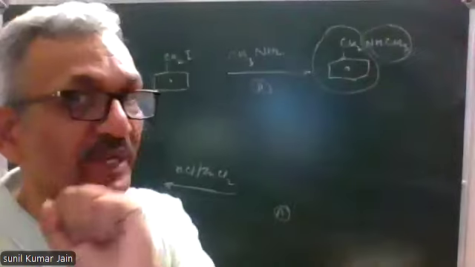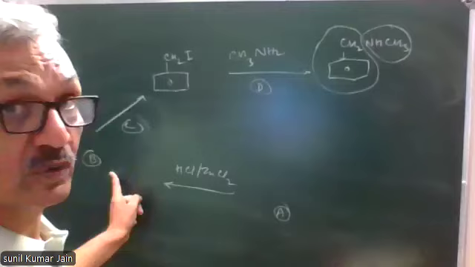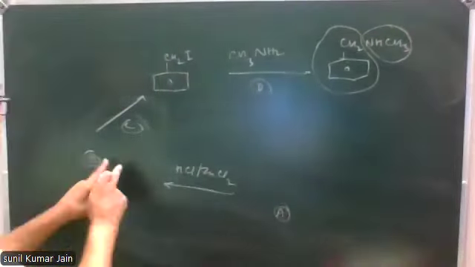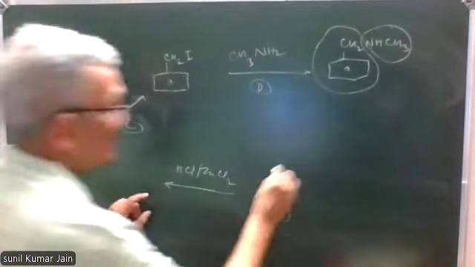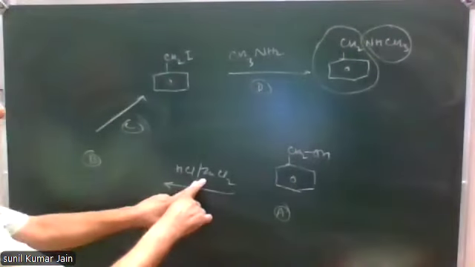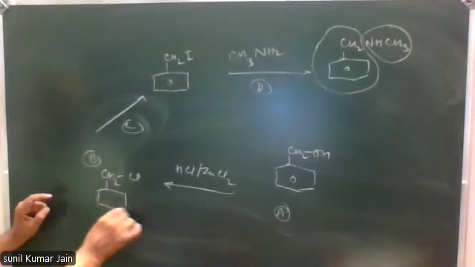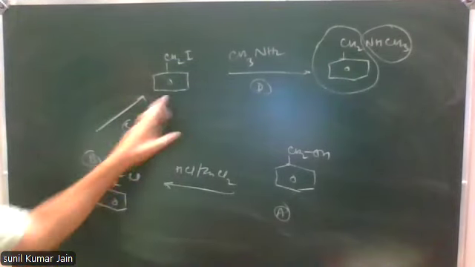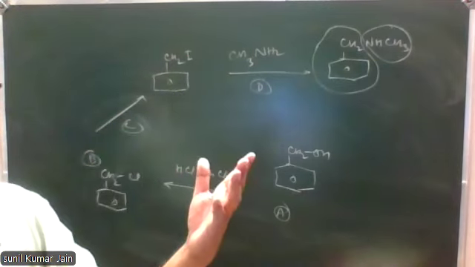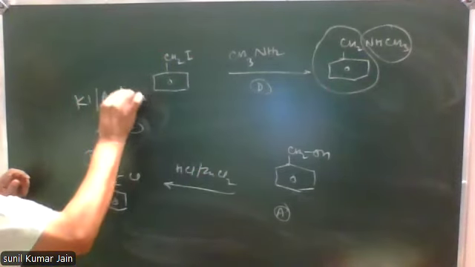You remember Groves method? In Groves method, product is chloroalkane and reactant is an alcohol. And this chloro will be replaced by iodo. It means alcohol is benzyl alcohol. With Groves method, it will give benzyl chloride. And tell me what is the name of this reaction? Come on. Finkelstein reaction, NaI, acetone.